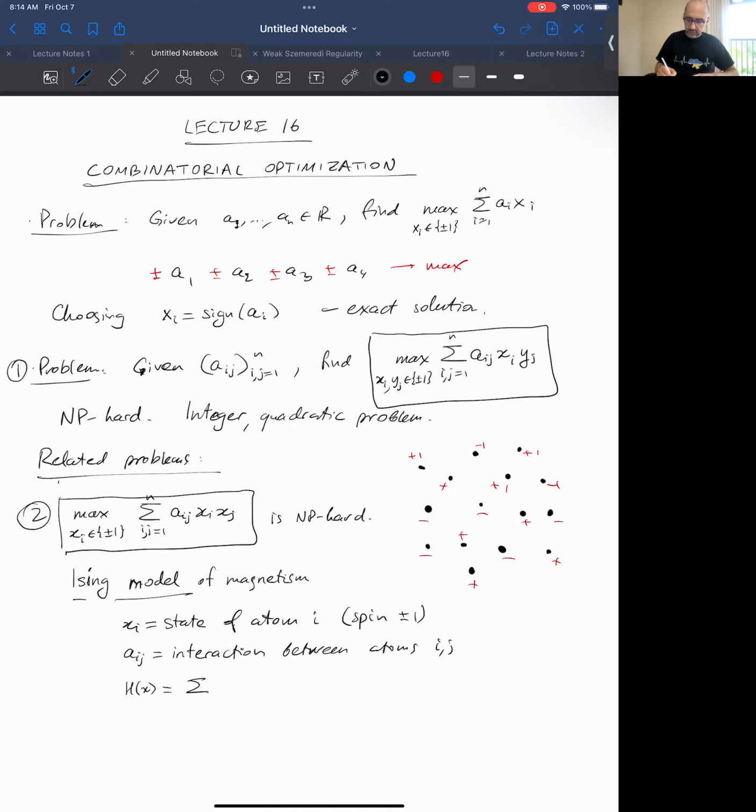And H of x, if we sum all these interactions over all atoms, aij xi xj, becomes what physicists call the Hamiltonian, basically the energy, the free energy of the system.